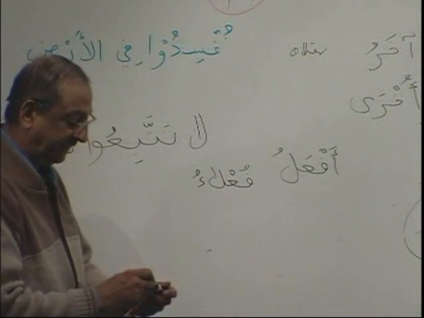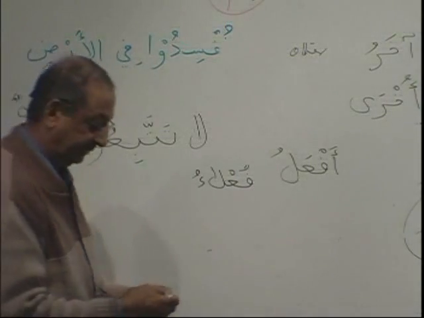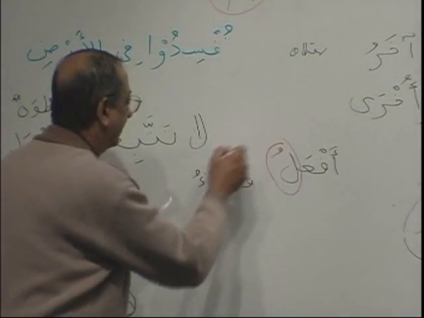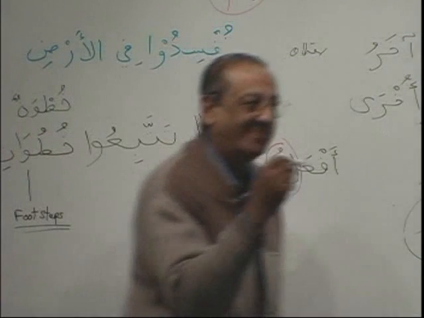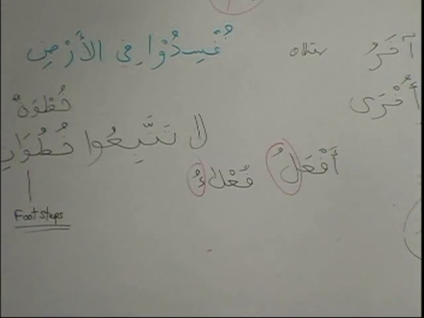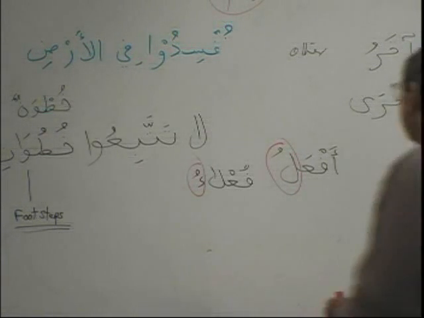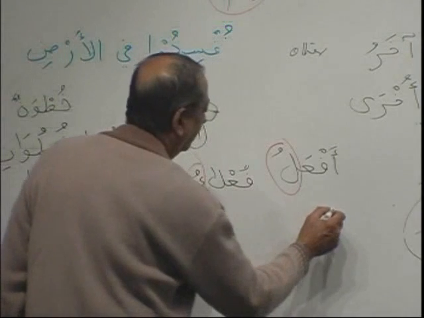See, in both cases, there is a single dhamma. So that is diptote. Are you with me, brothers and sisters? Okay. Now, if you were to say ahmara, it will become hamra'u. I will write down again. Let's try to do something.